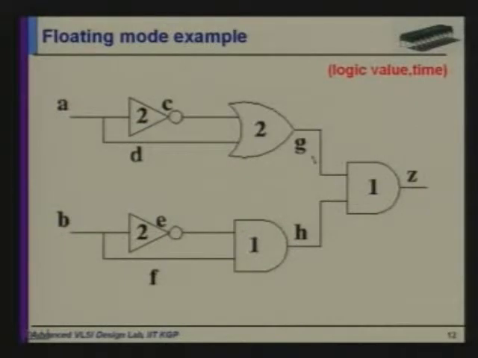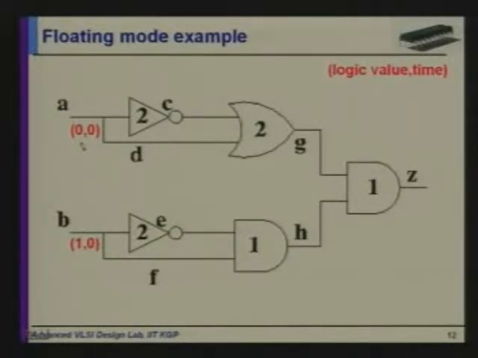Now we will go through one example using this approach, earliest controlling input and latest non-controlling value. Here I will represent a pair with logic value and time. In this case, I specify that node A stabilized to 0 at time t equal to 0.